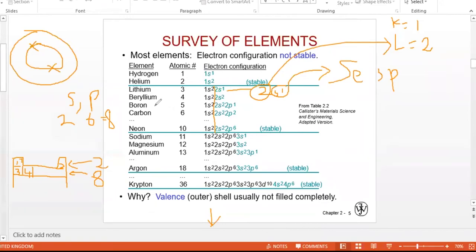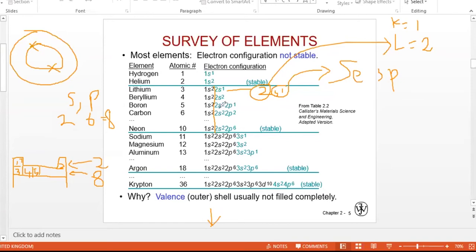Now boron has 5 electrons. Two of them are the 1s2, and then we have 3 extra electrons. The first orbit has a maximum of 2, that is done. In the second orbit we can have a maximum of 8.